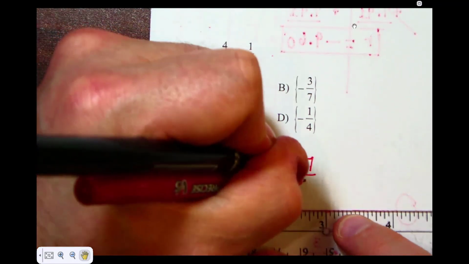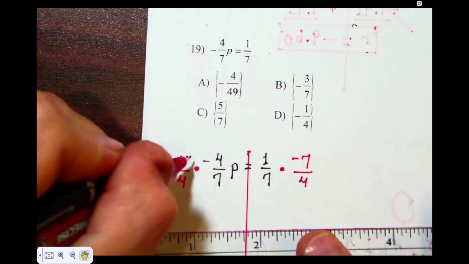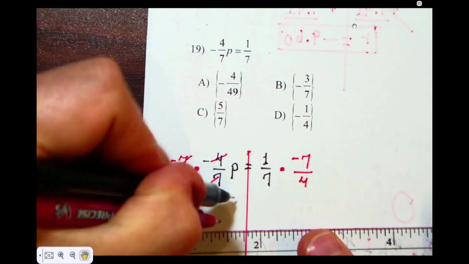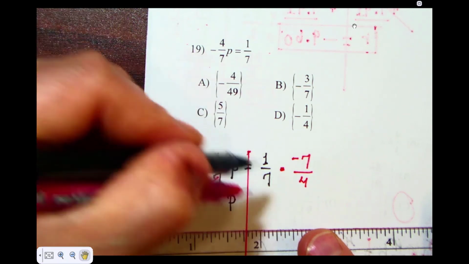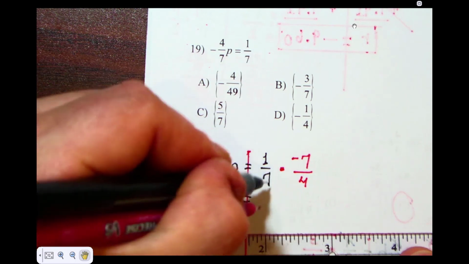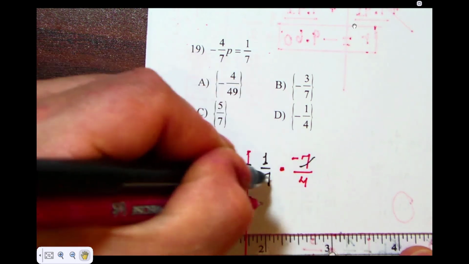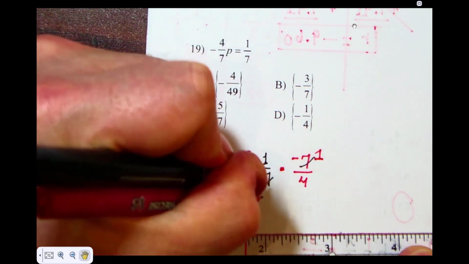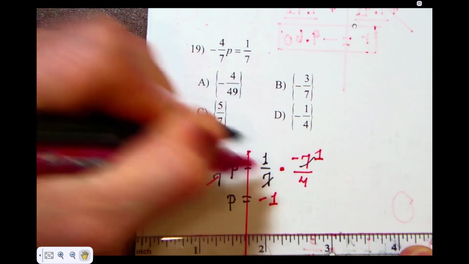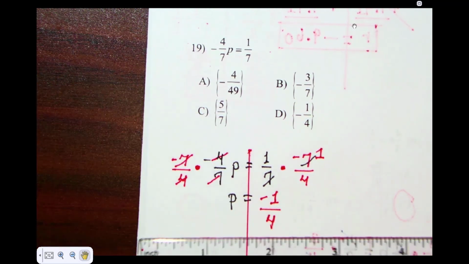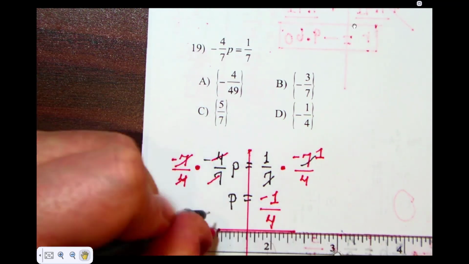Negative 7 over 4. Cancel, cancel, cancel, cancel. P equals. Okay? Well, now I have these canceling out, leaving behind a 1. So I have negative 1 on top over 4. So P equals negative 1 over 4.